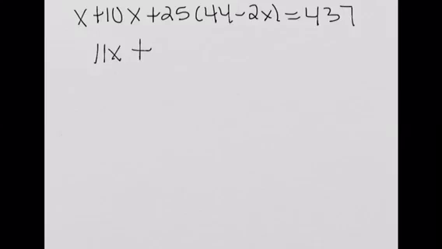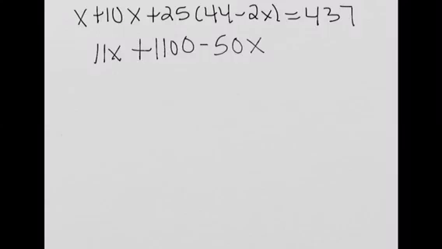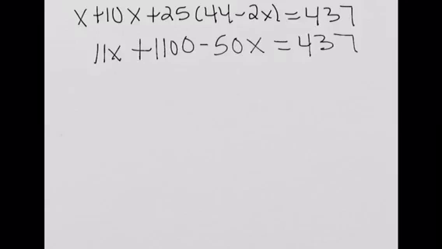Let's distribute the 25 through. 25 times 44 gives me 1100. 25 times negative 2x gives me negative 50x. And that must equal 437. Now we can combine like terms. 11x minus 50x leaves me with negative 39x plus 1100, and that equals 437.